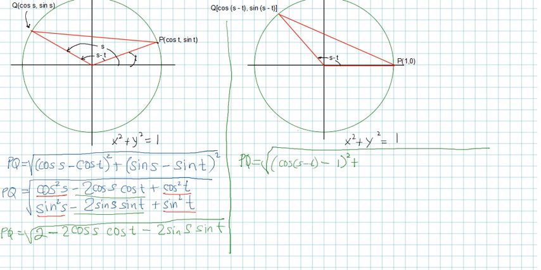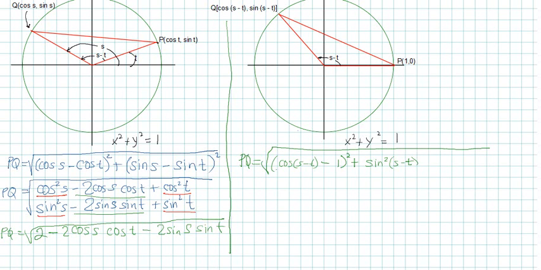So y1 is actually 0, so we just have y2 squared, plus sine square of s minus t.